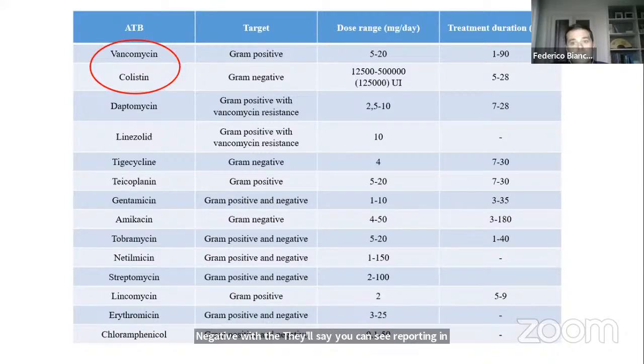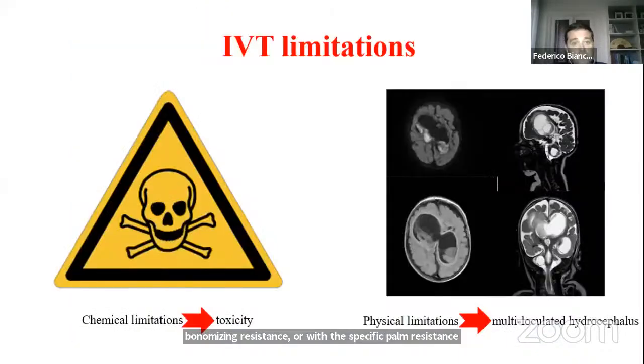Treatment duration can vary a lot, from a few days through very long therapies that might affect the patient. The other antibiotics kick in whenever you have germs that are vancomycin resistant or with specific pan-resistance against all the other antibiotics.